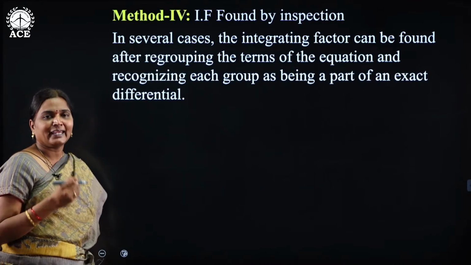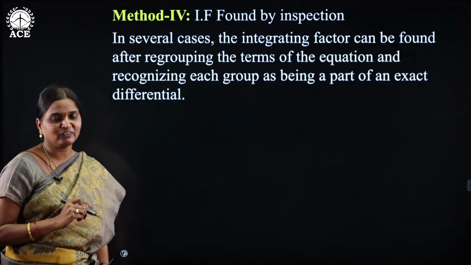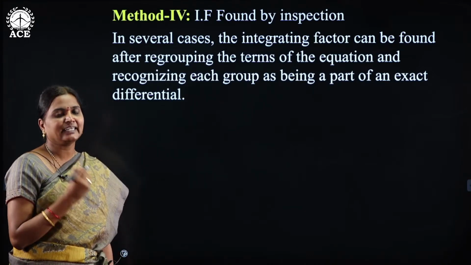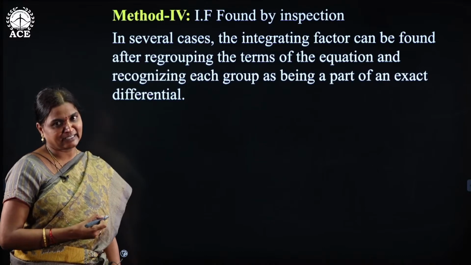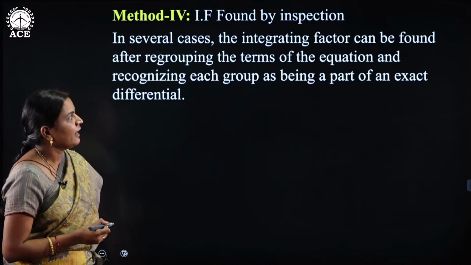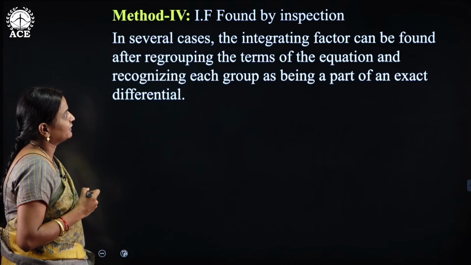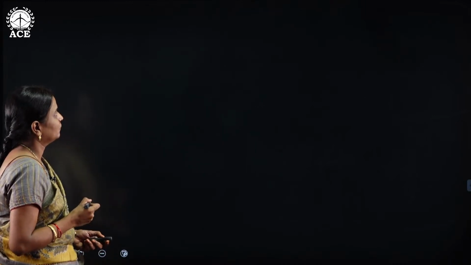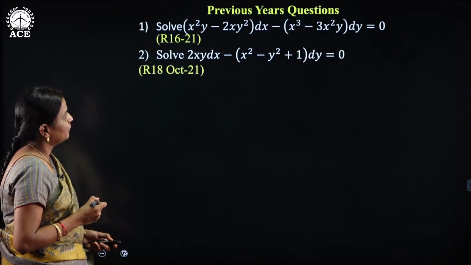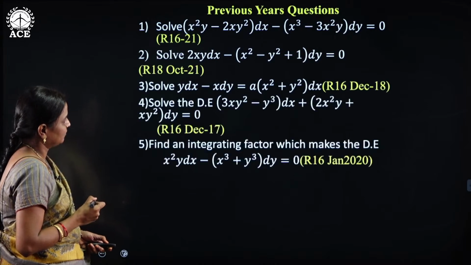If you are able to regroup the terms of the given differential equation, this is the easy method to write the general solution directly. Otherwise apply the previous methods. So these are the previous year's questions.